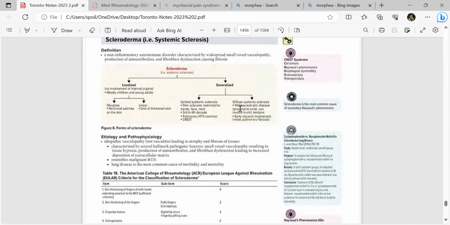The digits are not involved, I think. And it can also involve our trunk and tendons. It's our palm and above; the digits are not involved, only the proximal part.